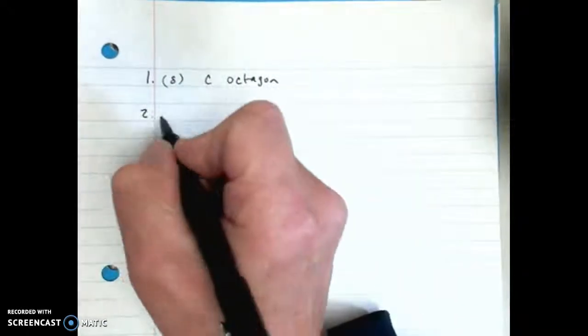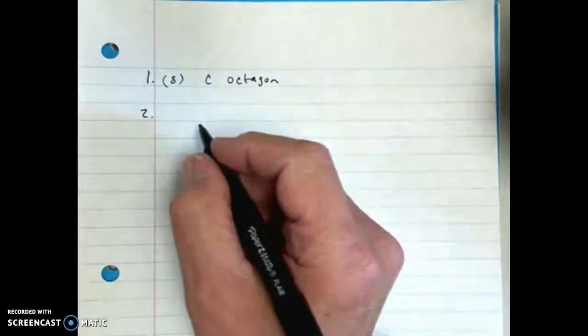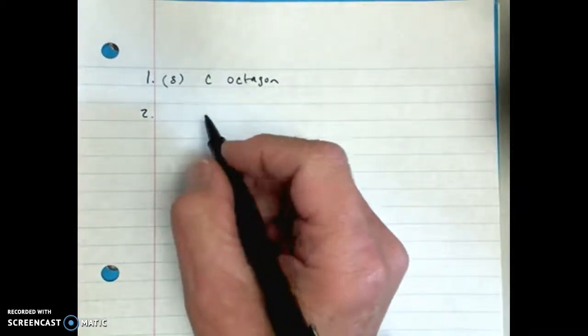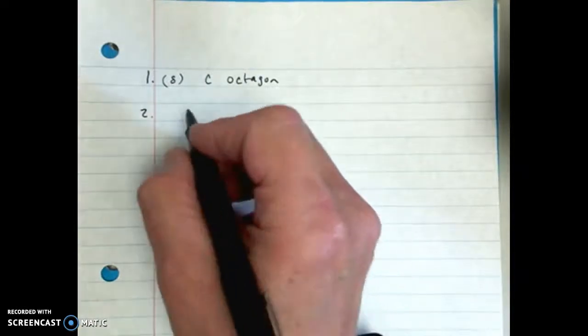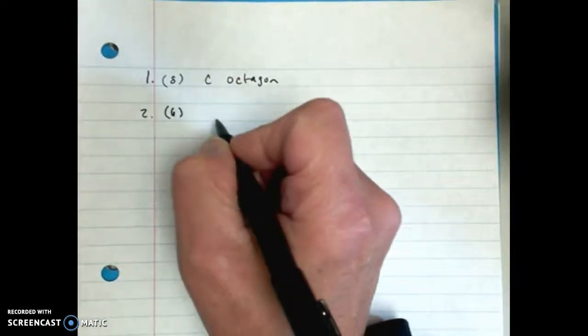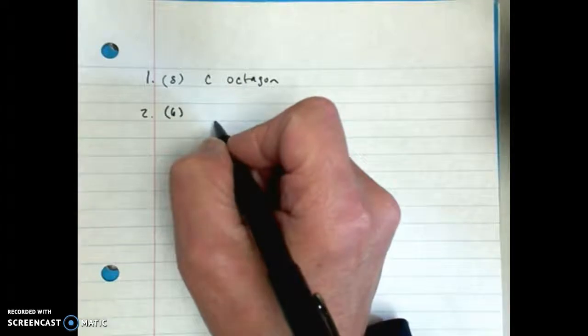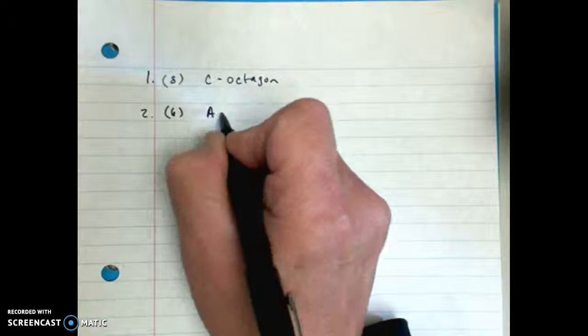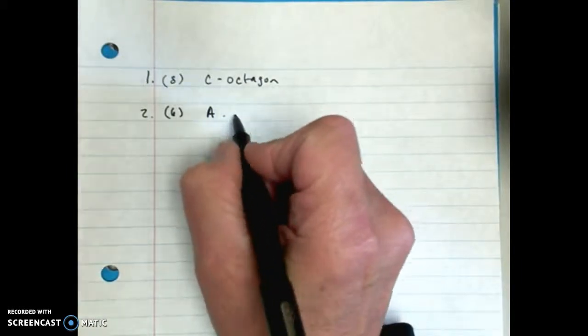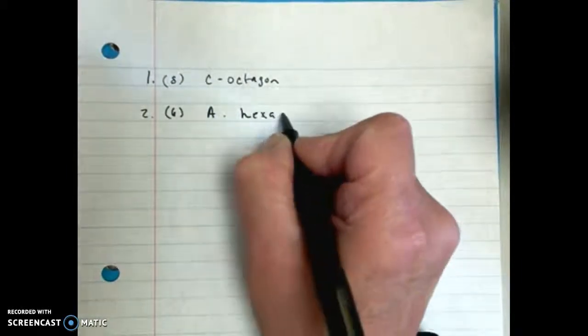Number 2, make sure you skip a line just because it makes it a little bit easier to correct. Number 2 is a 6-sided figure. So 1, 2, 3, 4, 5, 6 sides. And letter G is a hexagon.